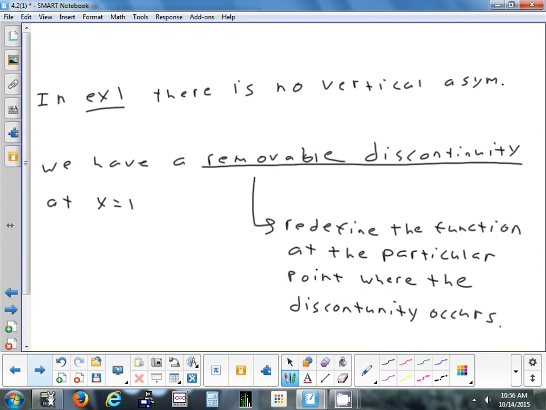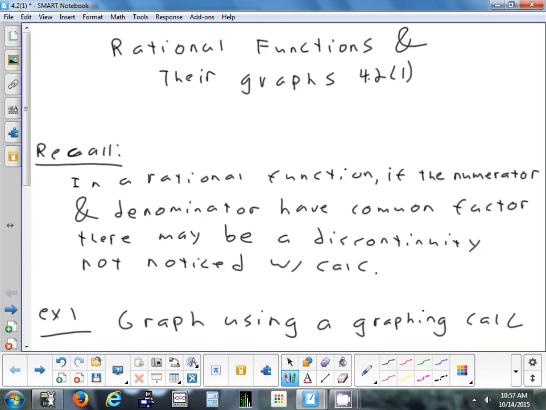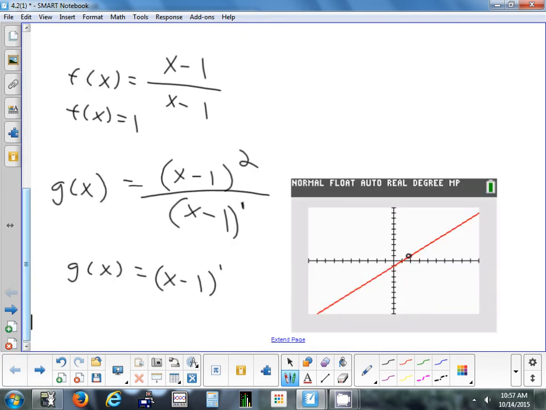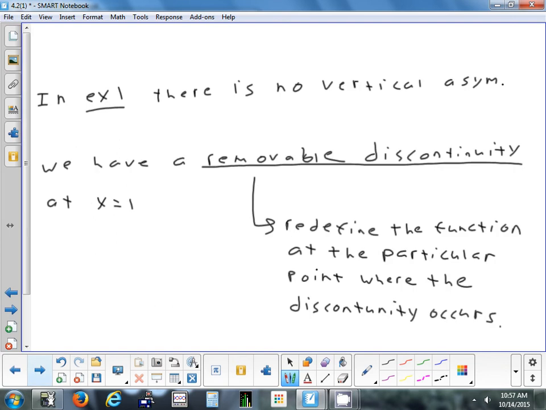So in example 1, we didn't have any vertical asymptotes. We had a discontinuity. Okay, we had a point where if we were going to draw this with our pencil, we would have to pick our pencil up and start drawing again. So it is not a continuous function. But it's a removable discontinuity, meaning if you could just redefine that one point, you could make it continuous.